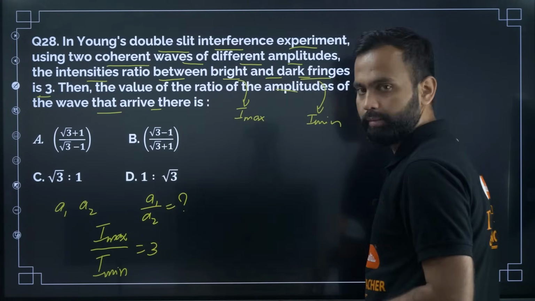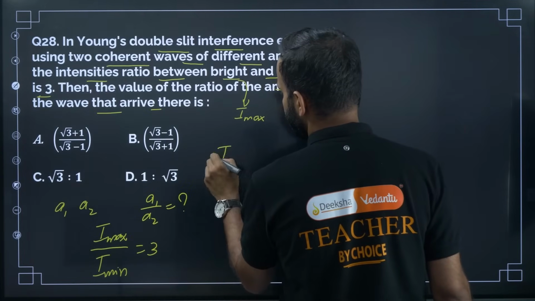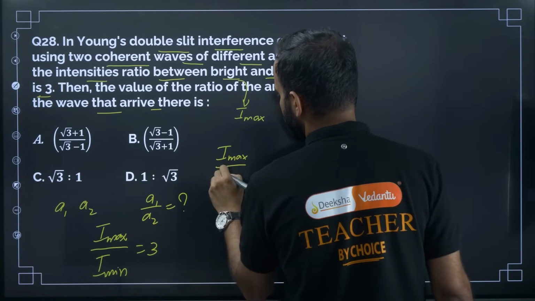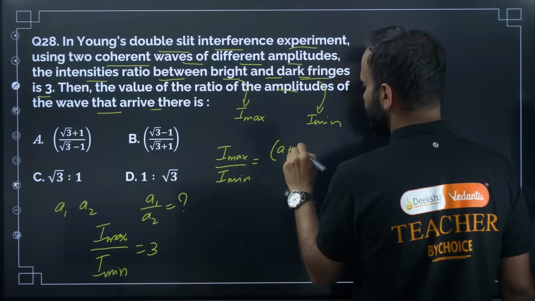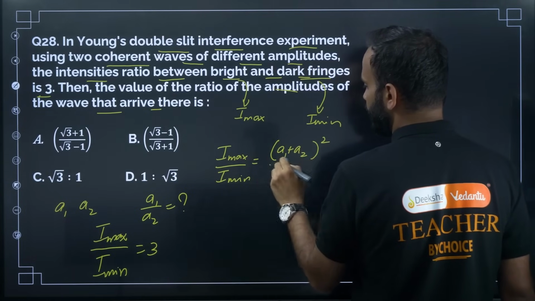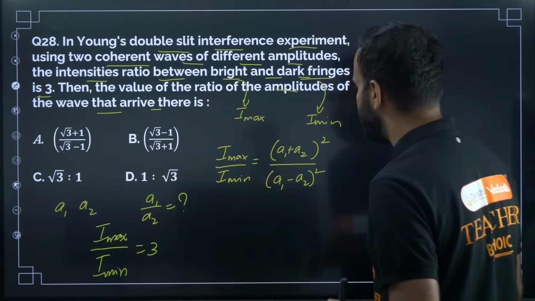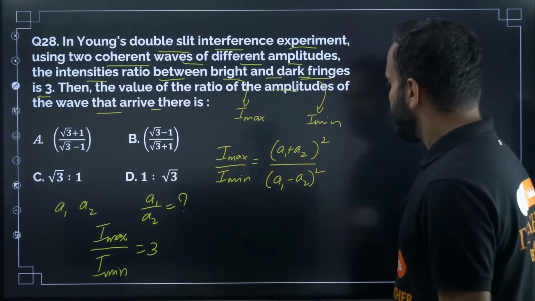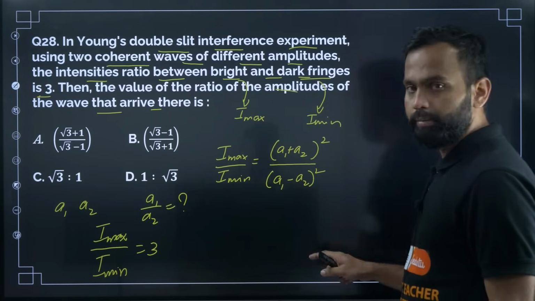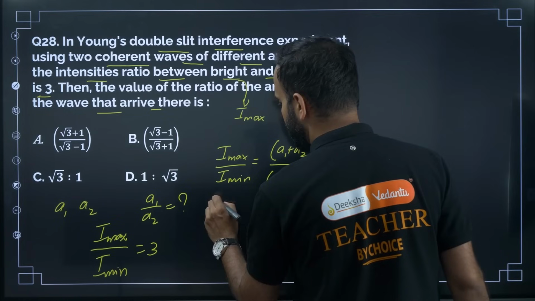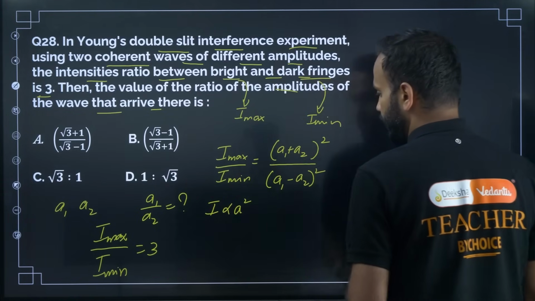We know that I max by I min is equal to A1 plus A2 whole squared divided by A1 minus A2 whole squared. Why is it A1 plus A2 whole squared by A1 minus A2 whole squared? Because intensity is directly proportional to the square of the amplitude.